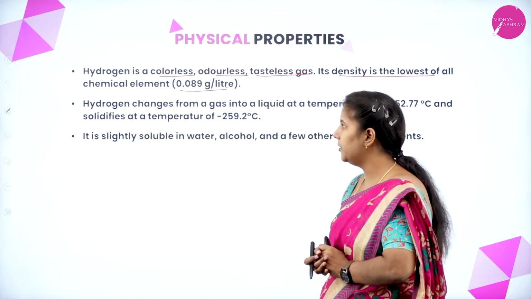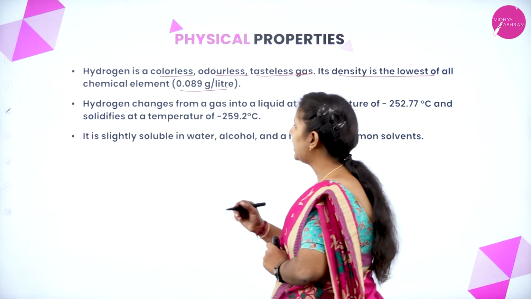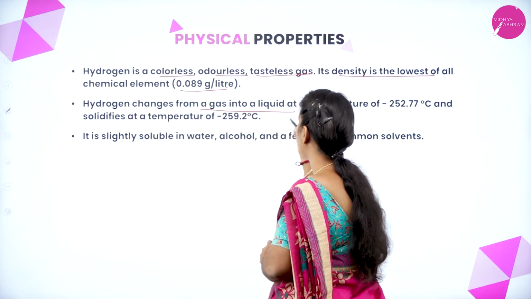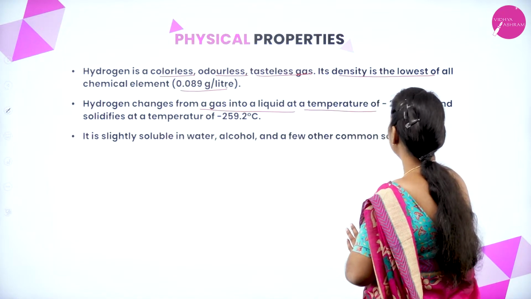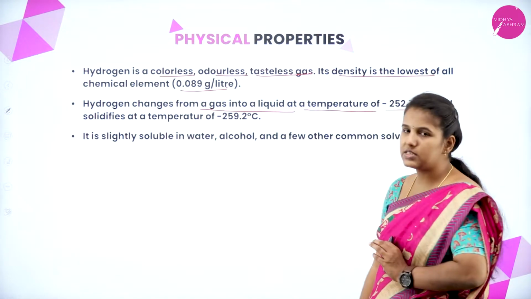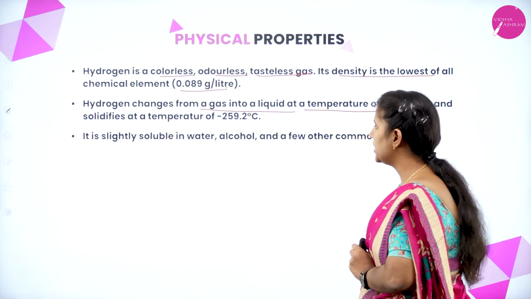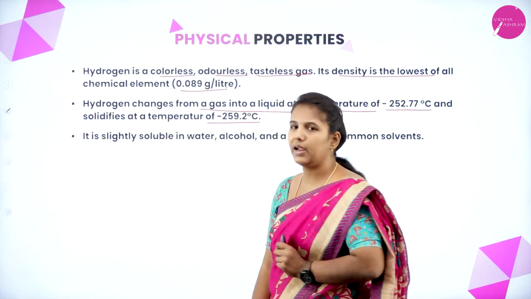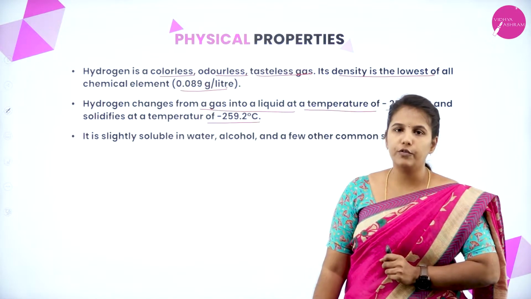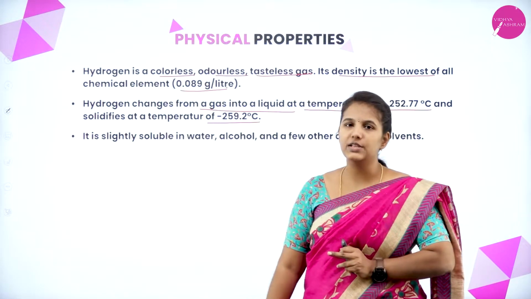Hydrogen changes from gas to liquid at a temperature of around minus 252.77 degree Celsius, and it solidifies at a temperature of around minus 259.2 degree Celsius.